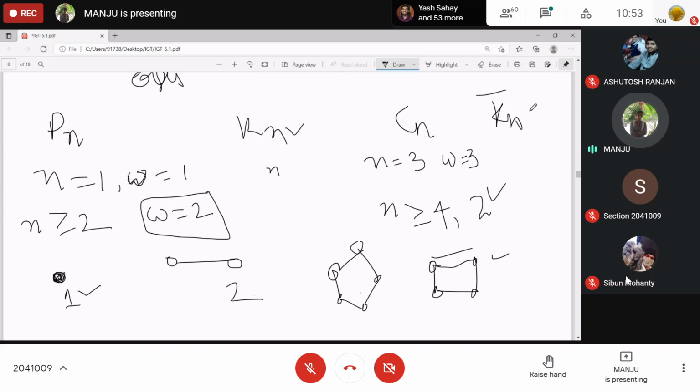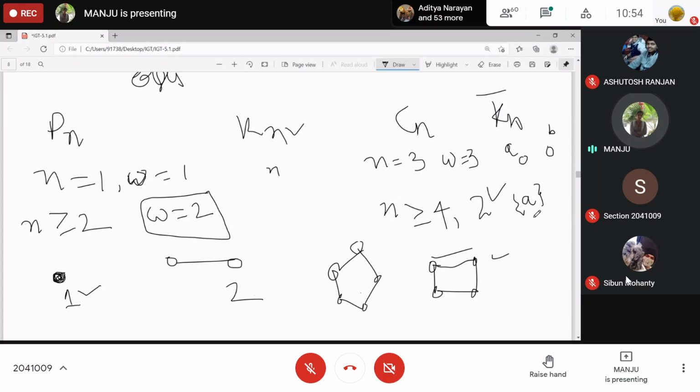What about K n complement? From 0? 0 or 1? If I take one vertex in K2 complement, A and B, does this form a clique?